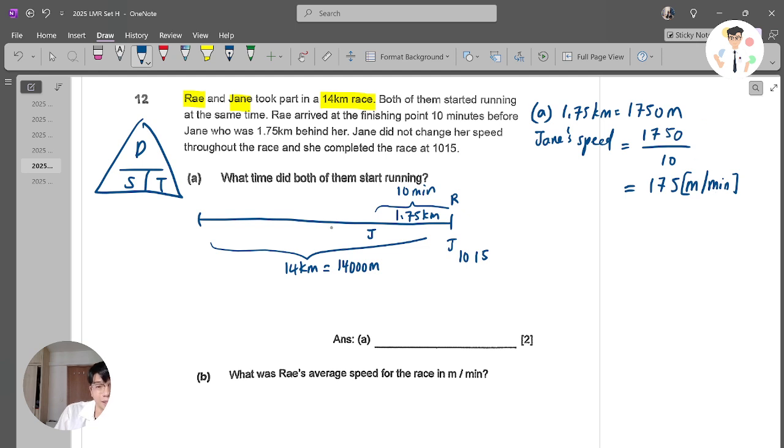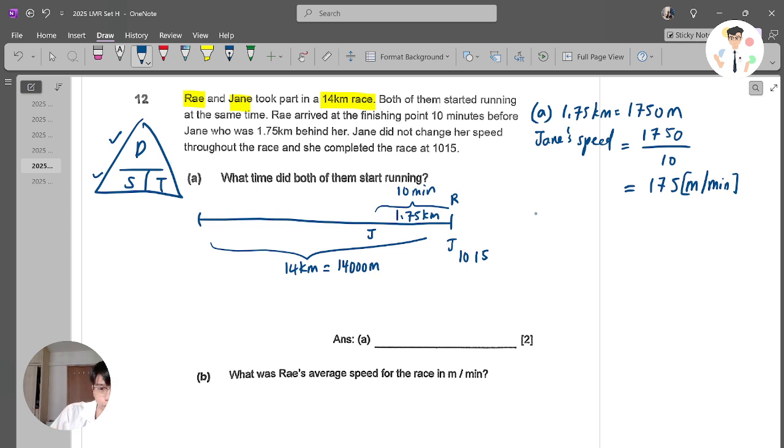Okay. Now, what I found out is Jane's speed is 175 meter per minute. And I know the distance she needs to travel is what? 14000 meter. So, with distance and with speed, I actually can find out the duration that she takes to run the whole race.